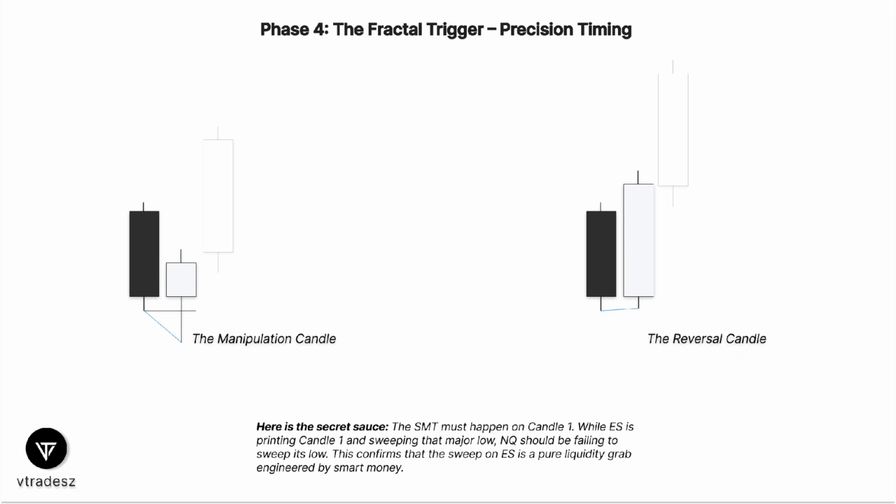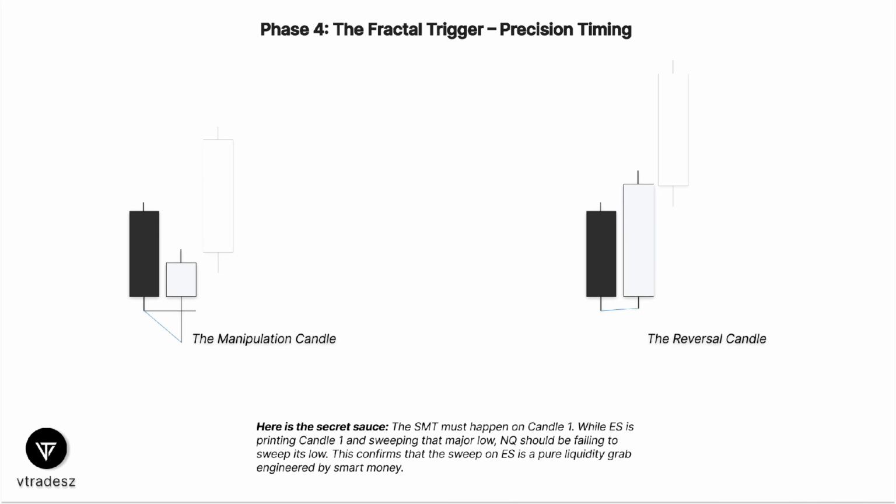Here's the secret sauce. The SMT must happen on candle 1. While ES is printing candle 1 and sweeping that major high, NQ should be failing to sweep its high. This confirms that the sweep on ES is a pure liquidity grab, engineered by smart money.